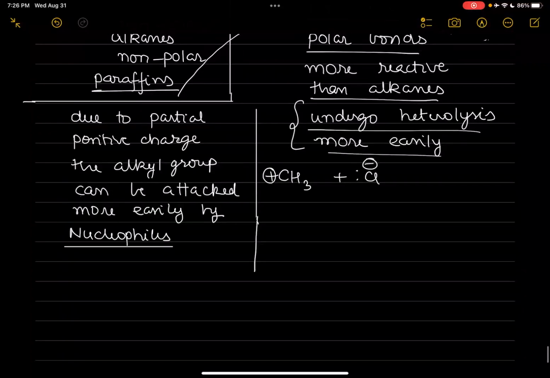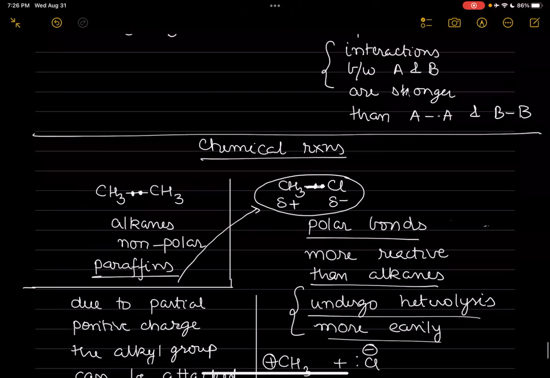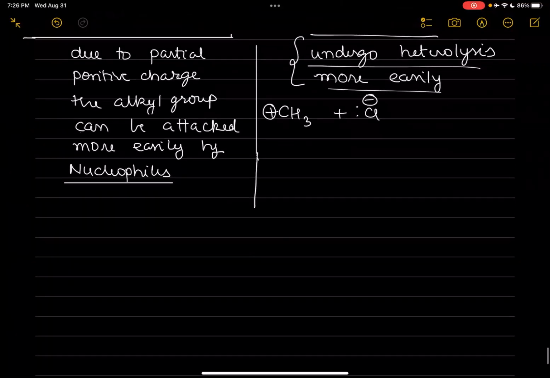But that other atom needs to have positive charge so it can attract the nucleophiles. So nucleophiles are electron-rich nucleus loving species. As the name indicates, nucleus is positively charged. So nucleophiles should have electrons so that they can share those electrons with another atom. That's why they are called nucleophiles.